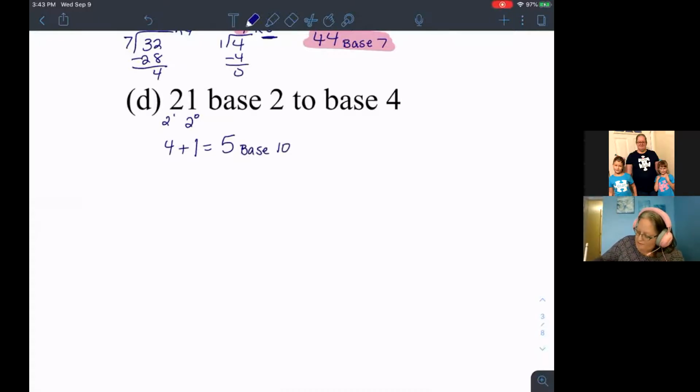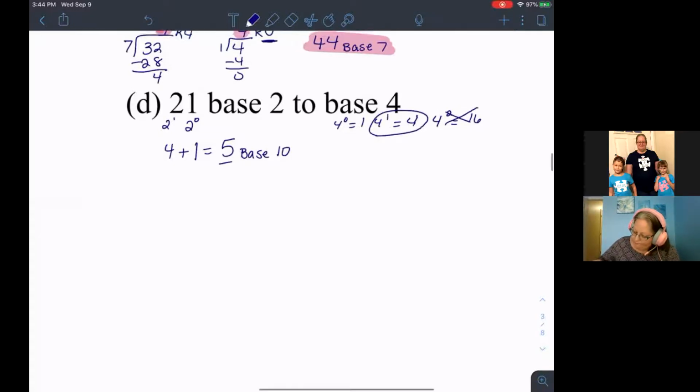Once we get to base 10, we need to divide by the powers of 4. So we have 4 to the 0 is 1. 4 to the 1 equals 4. 4 squared is 16, so we know 16 is too big. We're going to start with 4.